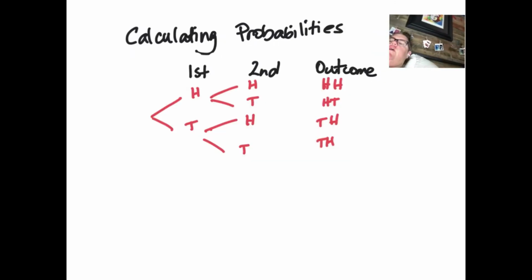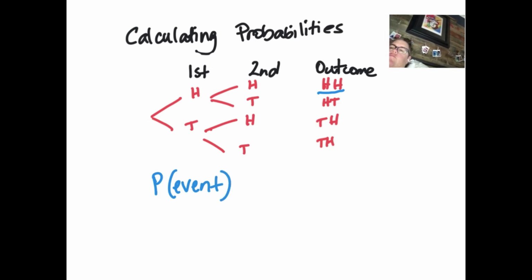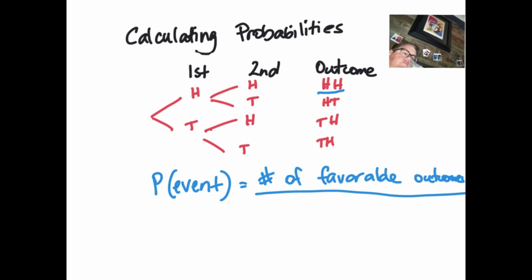Okay, so here I've returned back to our tree diagram. What I want to do now is calculate the probability of getting two heads. It's this one here. So P, our probability event, equals the number of favourable outcomes over the total number of outcomes.